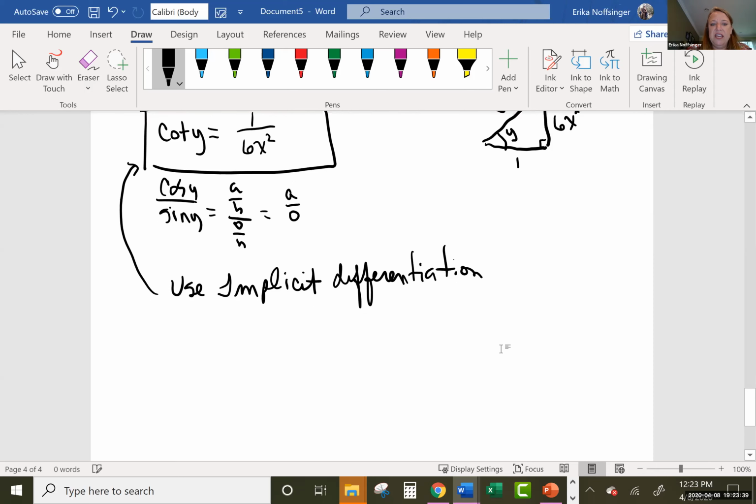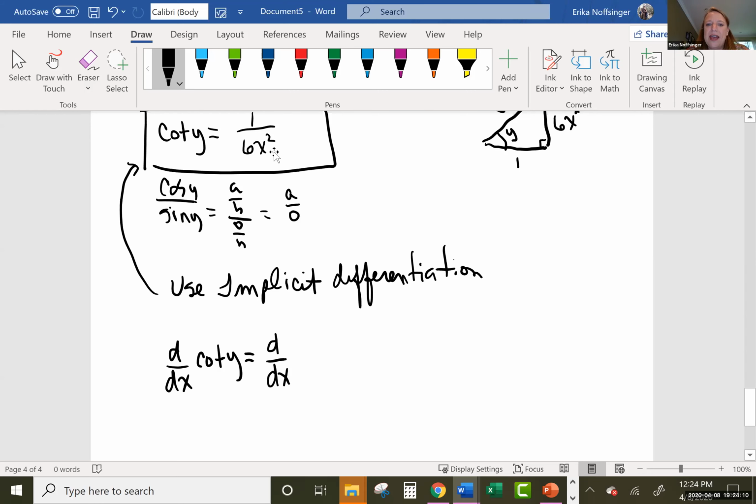And so taking the derivative of both sides of our equation, well, the derivative of cotangent y equals the derivative of the other side, 1/6.